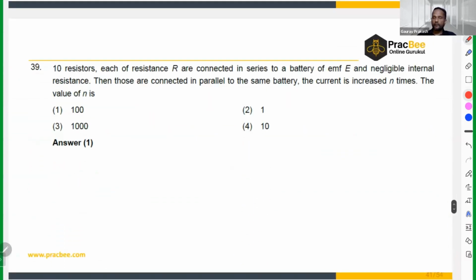10 resistors, each of resistance R, are connected in series. If they are connected in series, the total resistance will be equal to 10R. And if they are connected in parallel, then the equivalent resistance will be R by 10. So the current increased n times, and we need the value of n.